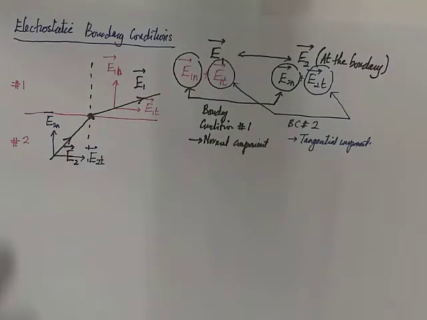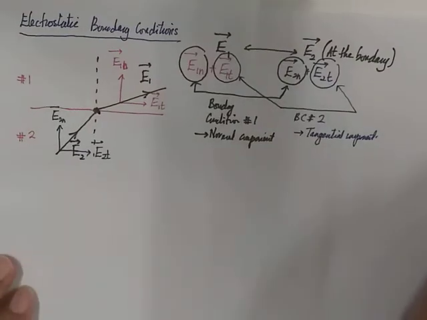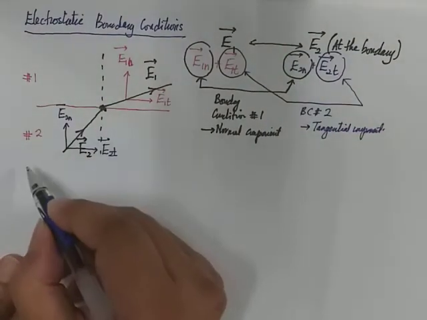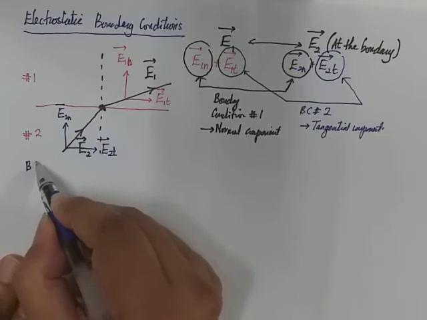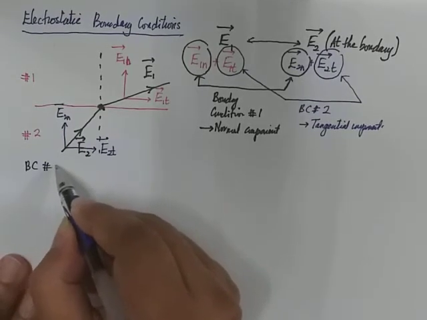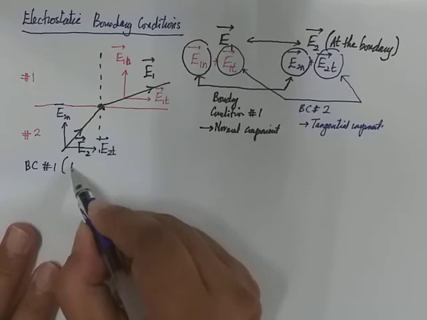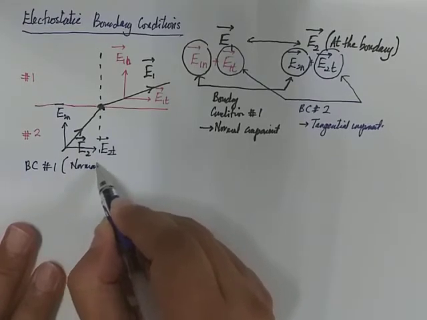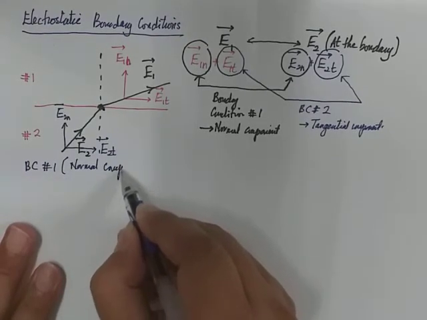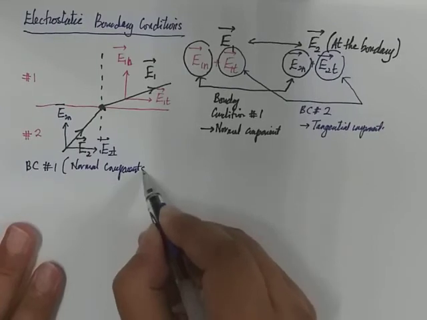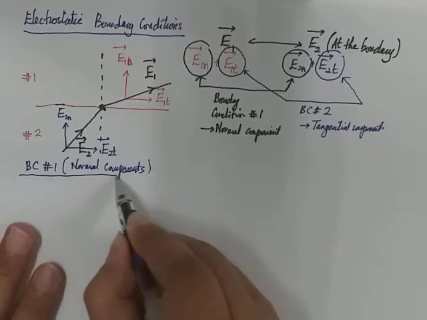So that should be the idea. Now I'm going to focus on the first one, boundary condition number 1. So let's do that now. Boundary condition number 1 is focused on the normal component. So we're going to ignore the horizontal component at this stage.